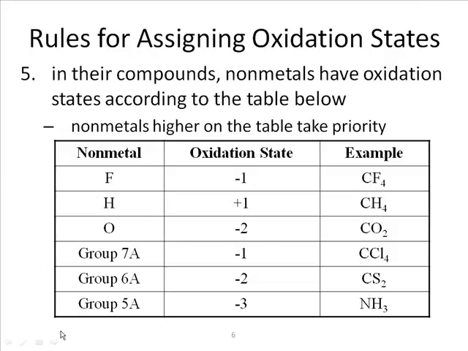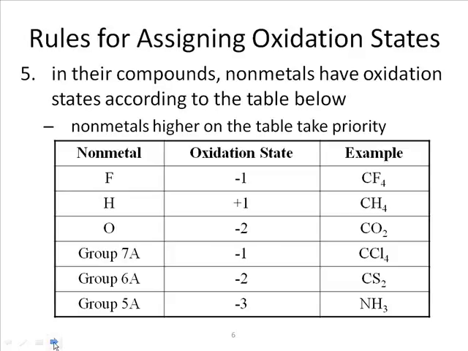Fluorine is a -1, hydrogen is a +1, oxygen is a -2, group 7 is -1, group 6 is -2, and group 5 is -3. These are very similar to what we've done before when calculating charges. But in this case, we have to remember the order of priorities.